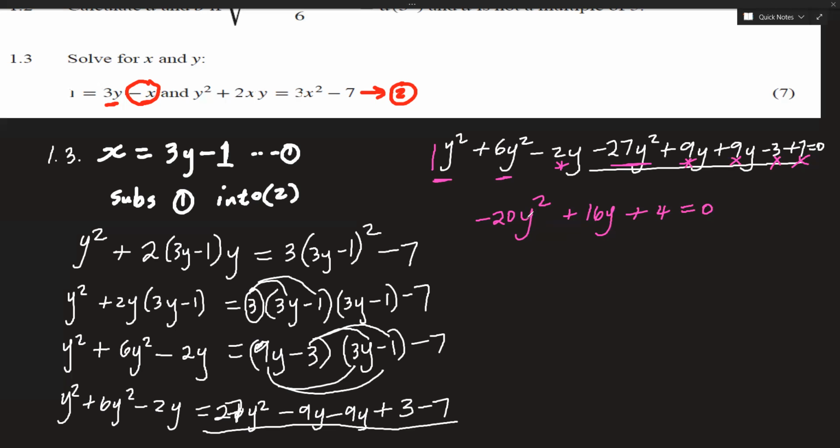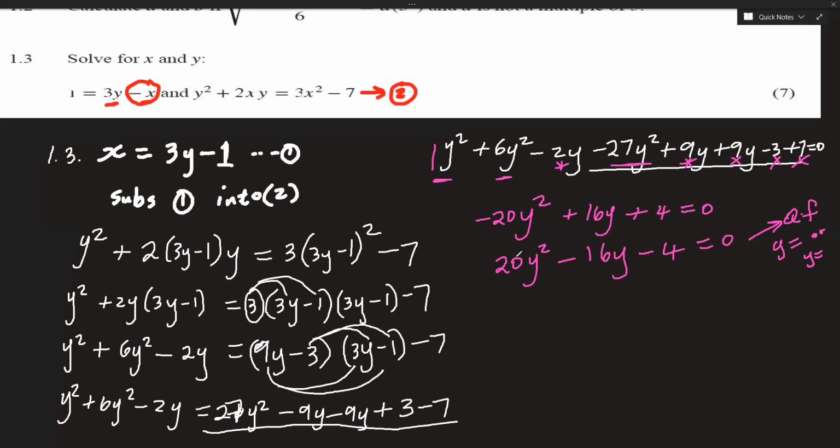Perfect. I'm seeing that, okay, here I always prefer to have a positive. So I'll firstly switch all the signs so that that can be positive. So that one will be minus 16y minus 4 equals to 0, right? And then from here, you can use quadratic formula. You can use QF to get your 2y values, right? But I'm not going to do that because I can see that this is going to be this.